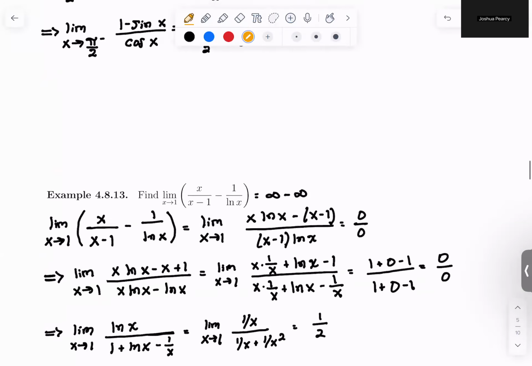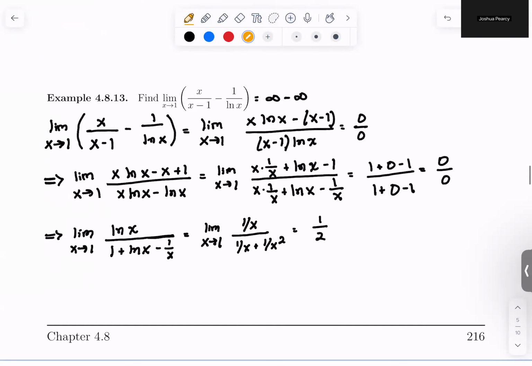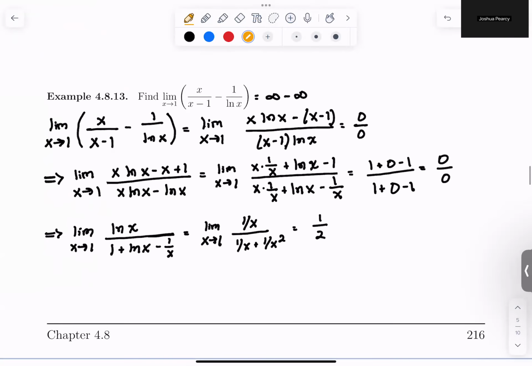This next one here is a little bit more complicated because we have to get a common denominator. First I verified that this is type infinity over infinity, so we need to rewrite this in some way. I got a common denominator of x minus 1 times ln of x.